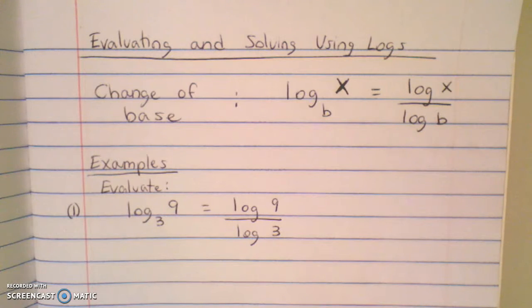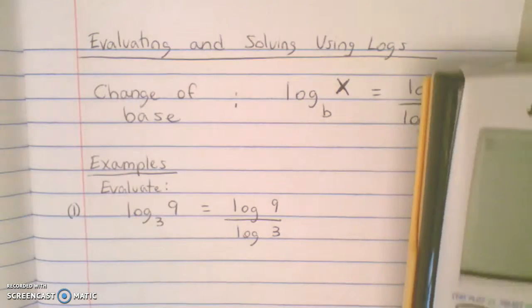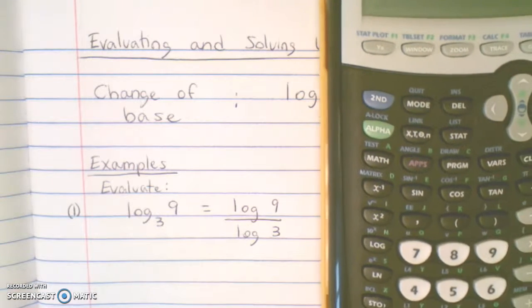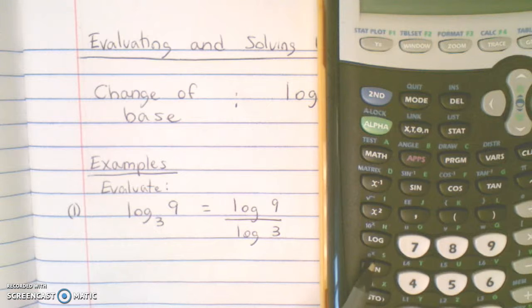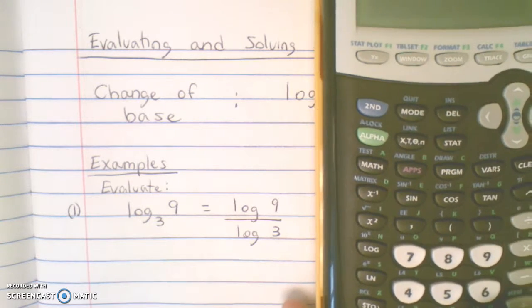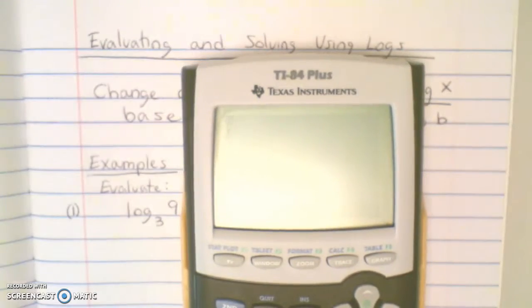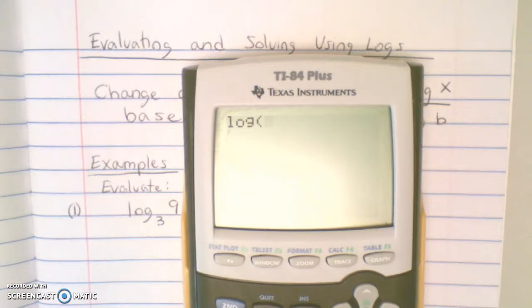And using your calculator, we're going to use this log button here. We've probably never used that before until now. And I'm just going to type it in exactly as I see it. So I have log 9. You have to close parentheses. That's important. Divided by log 3.